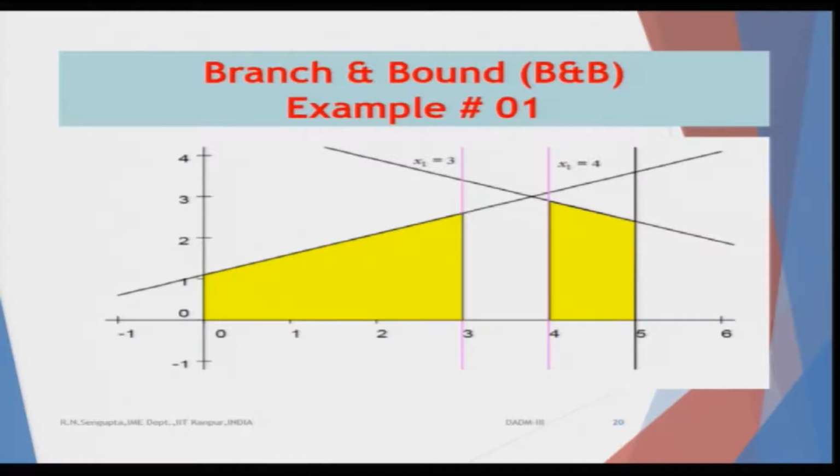And if I get solutions where x1 and x2 are integers, we will take that and keep it beside, and we would not proceed in solving that right part of the problem.